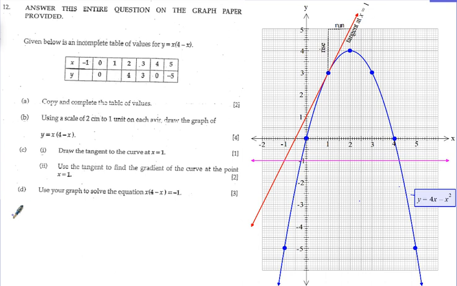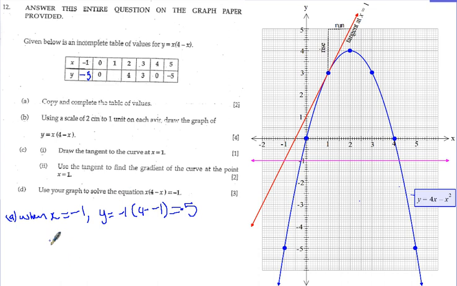So here we go, this is part A. When x is equal to negative 1, y is equal to negative 1 times 4, take away negative 1. Work that out, you see that is negative 5 actually, right? That's a negative 5 right there. So you're going to have a negative 5 in your table of values.